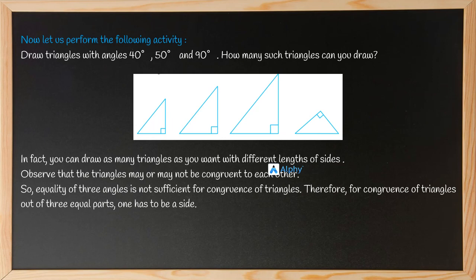So to prove the congruence of two triangles, out of three equal parts, one has to be a side. It is compulsory that if we have two pairs of angles, then we should have one pair of sides of the two triangles which are equal to each other.